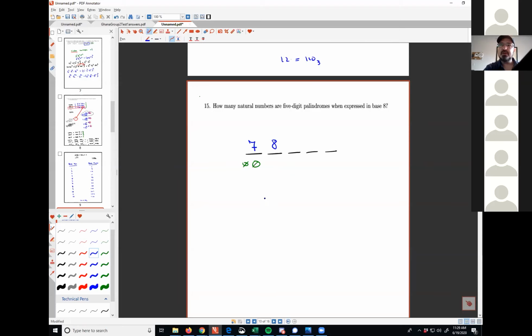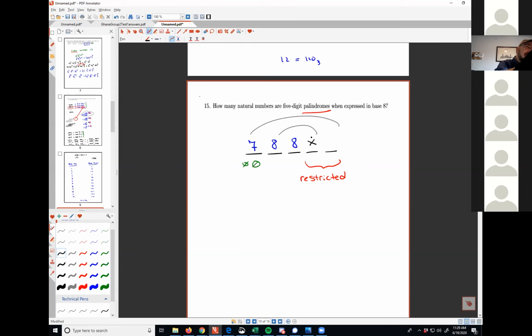And then how many ways are there to choose the middle digit? 8. And then once we have chosen those first 3 digits, how many ways are there to choose the next digit? 1. Right. These 2 digits are restricted by the definition of a palindrome. Once we have chosen the previous digits, we have to have a reflection.